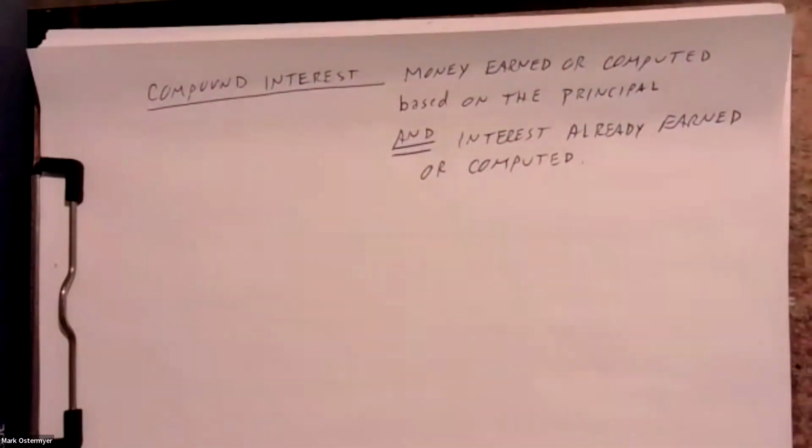So compound interest is based upon not just the principal, like simple interest is, but it's also based on the amount of interest that has already been earned on that principal.